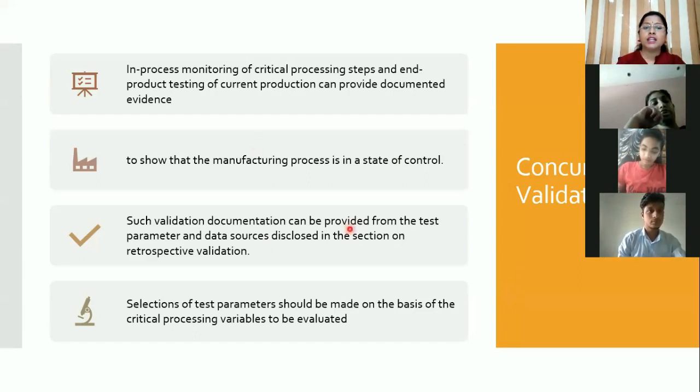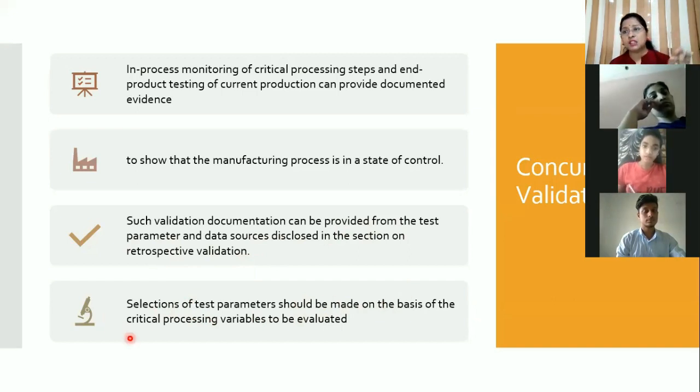That's why the test parameters and data sources are disclosed in the section on retrospective validation. And the selection of test parameters should be made on the basis of critical processing variables to be evaluated.